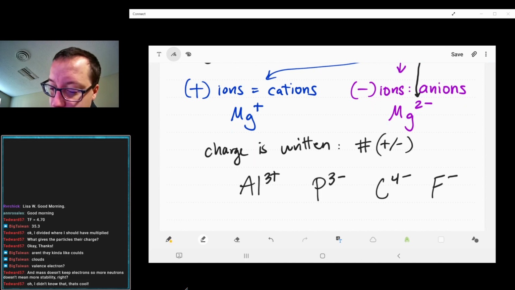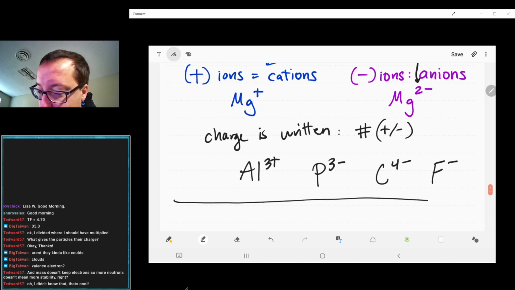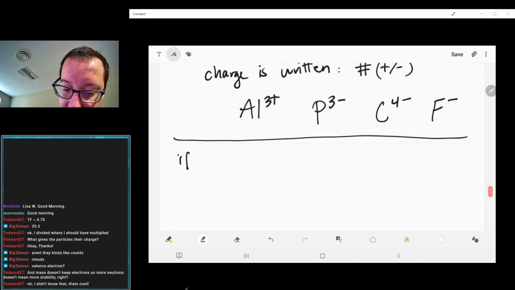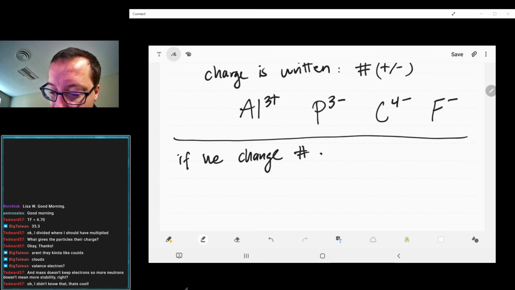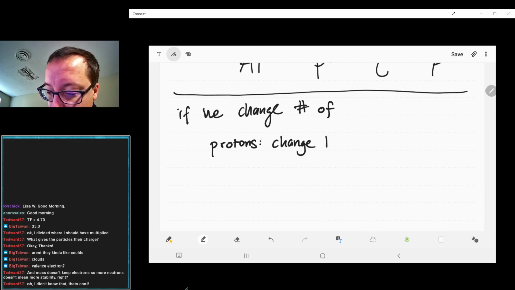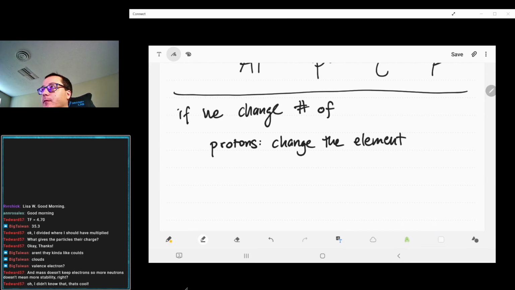Alrighty. So let's summarize here. This is a summary of all the things we've talked about. If we change the number of protons, we change the element. So the number of protons determines the element you are, and if you change that number somehow, you're a different element now.